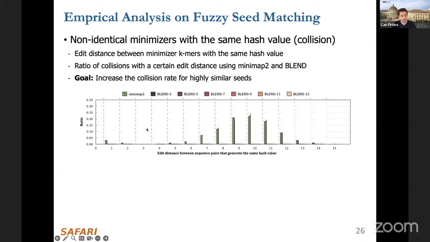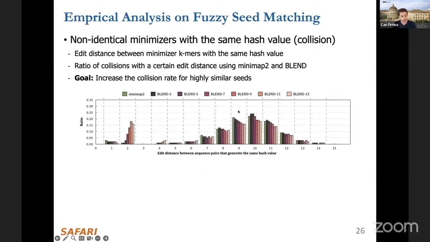What we want to do is increase the collision around the low edit distance area, so that we have a selective collision in the sense that those collisions are highly similar to each other and there are many of them. This is what this figure is showing.